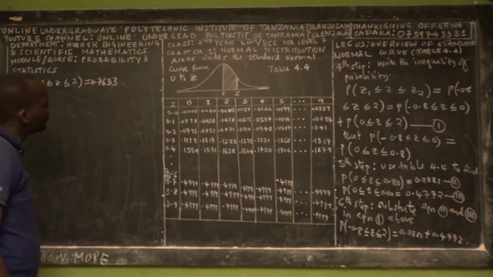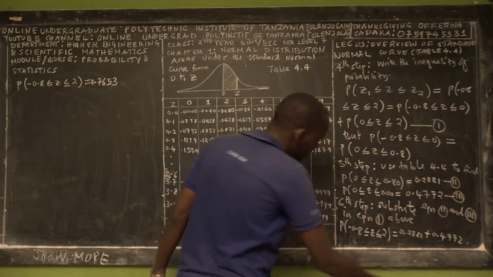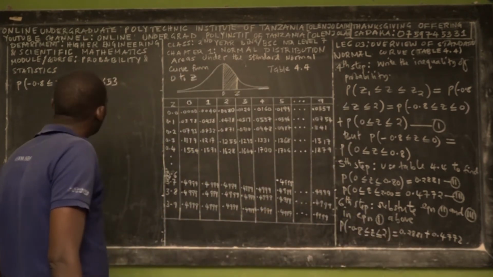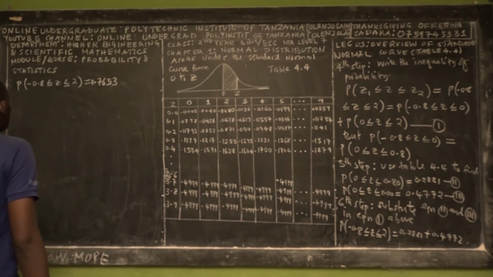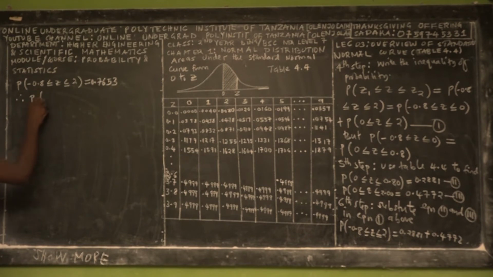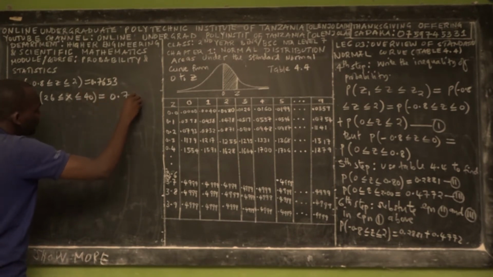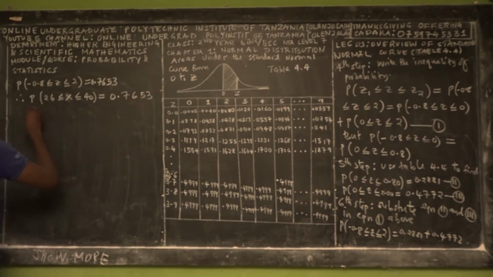And it is 0.7653. So this is the response. Therefore, the probability of 26 less than or equal to x less than or equal to 40 is equal to 0.7653.